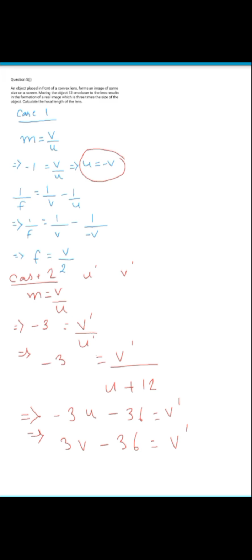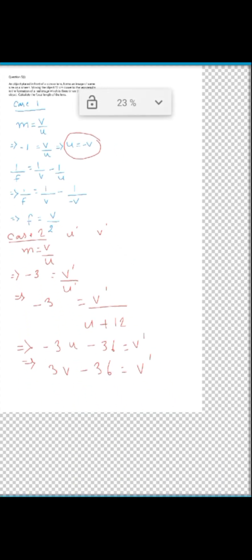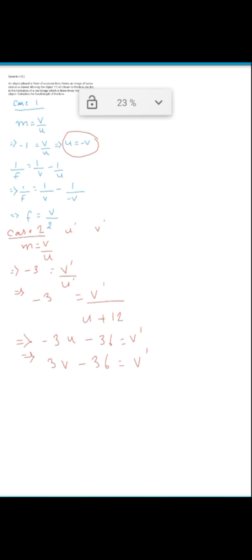Now let's use the lens formula in order to find out the relationship between the focal lengths. We know 1 by f is equal to 1 by v minus 1 by u. Over here it is v dash and u dash. So instead of writing v dash, I can write it as 3v minus 36.